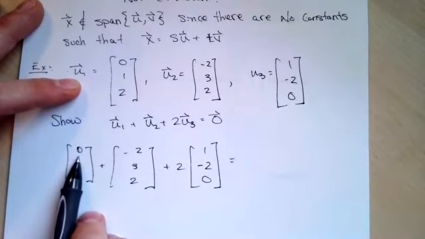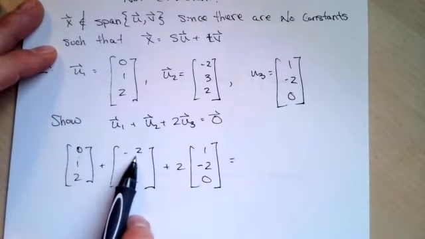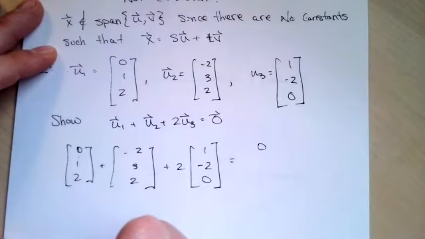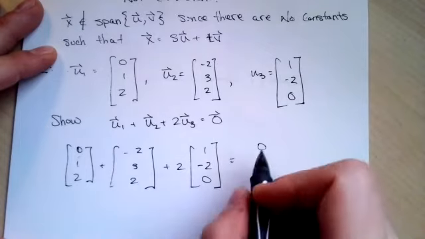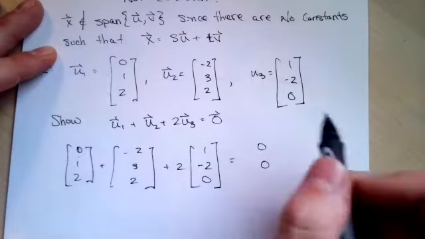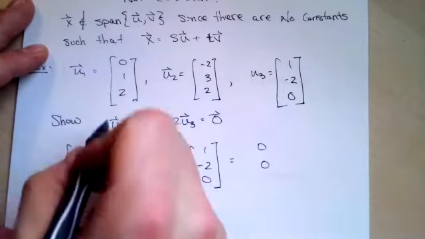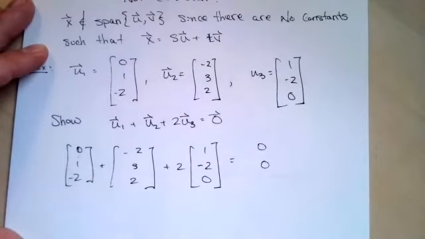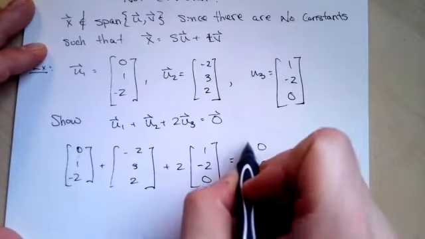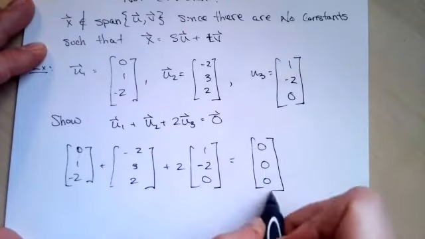Our top coordinate, we're going to have 0, -2 plus 2 gives us 0. Bottom coordinate, 1 plus 3 gives us 4, minus 4 also gives us 0. And then it looks like I missed a minus sign somewhere. Yeah, this guy should have been negative. -2 plus 2 gives us 0.